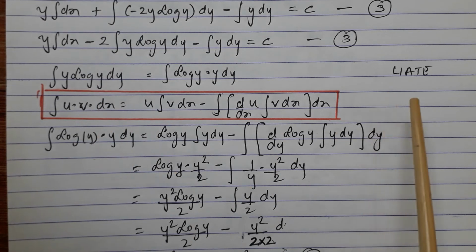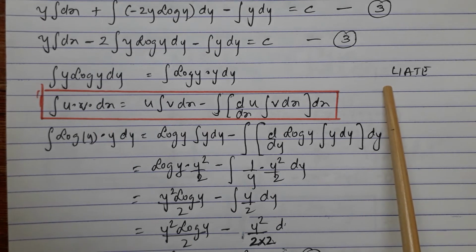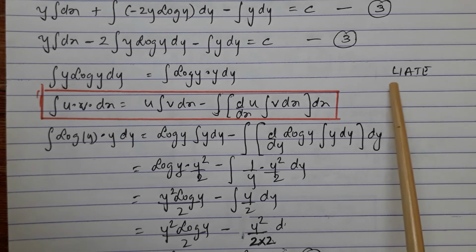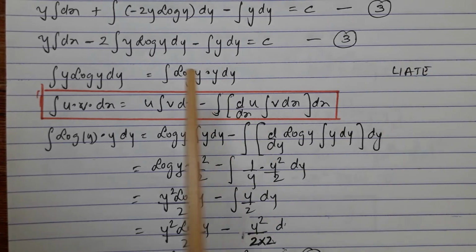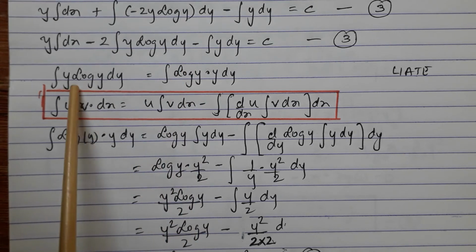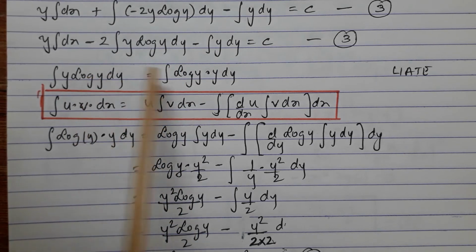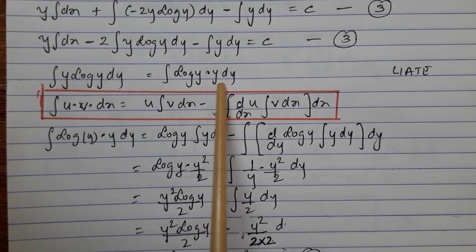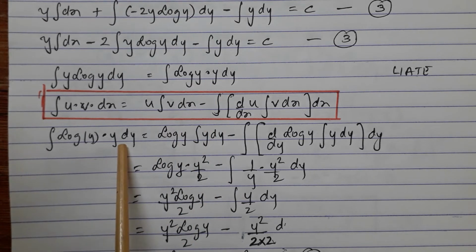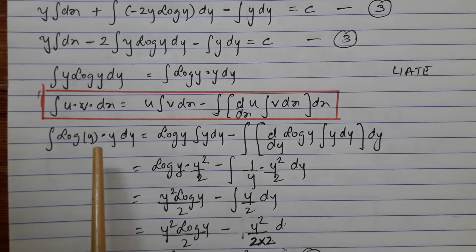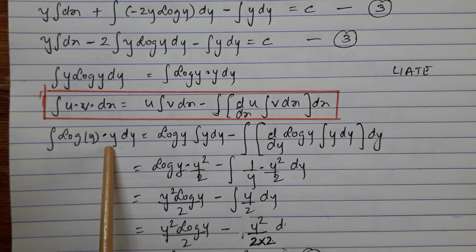Now here the LIATE rule is applicable, L-I-A-T-E. So log would be first, followed by algebra. Since multiplication is commutative, I can reverse the order, log y into y dy. So integral log y into y dy, where u is log y and v is y.